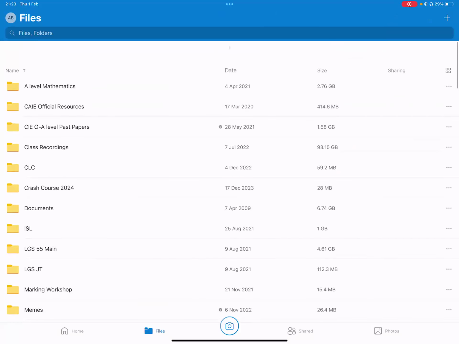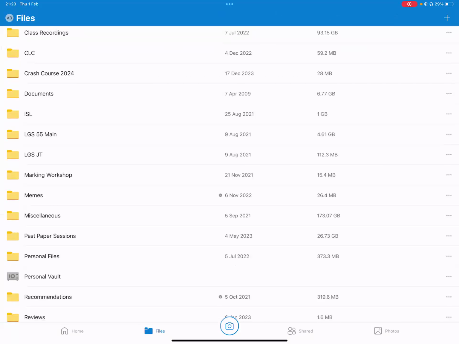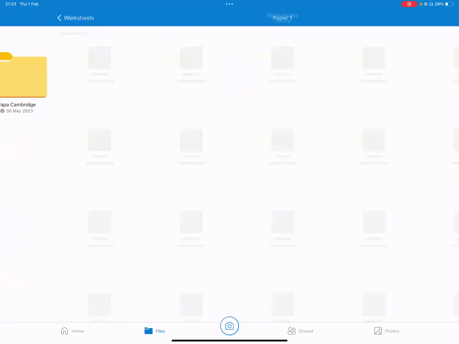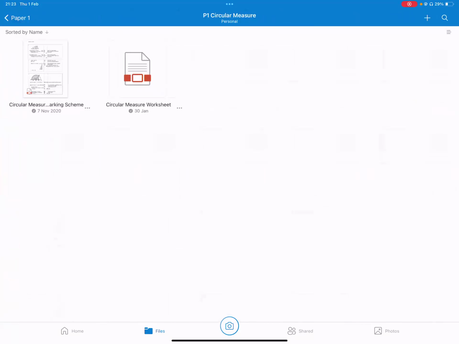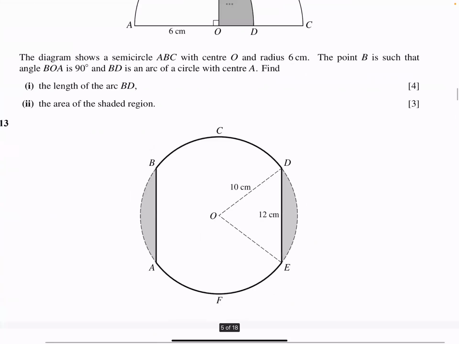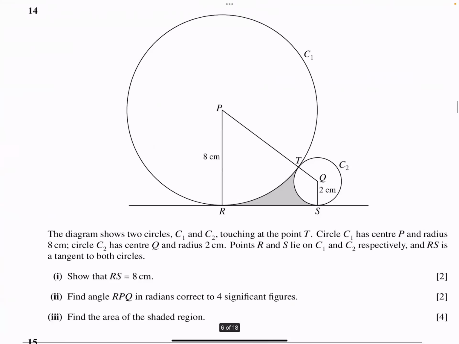Okay. Question number 14 from the worksheet. Let's try this one.